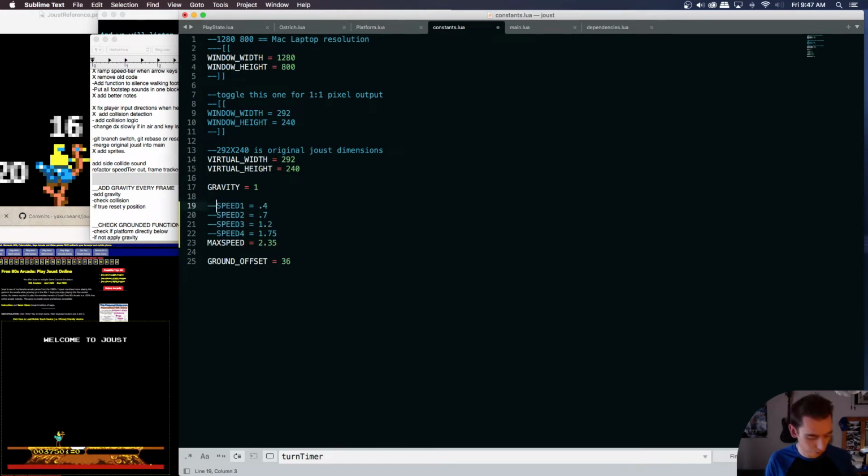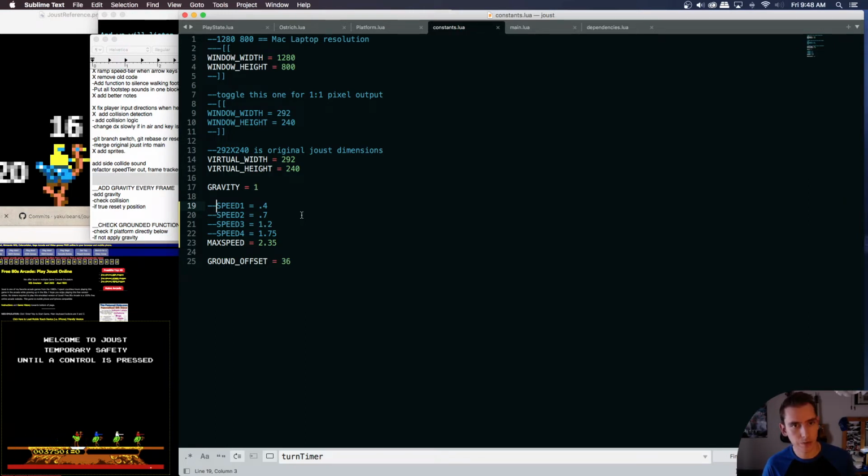I'll turn these off for now. So if our max speed is 2.35, then we need to figure out what 2.35 divided by 60 is.